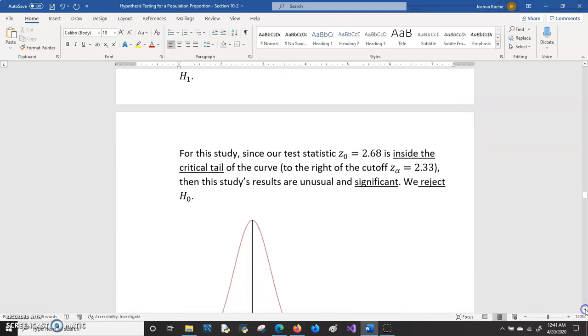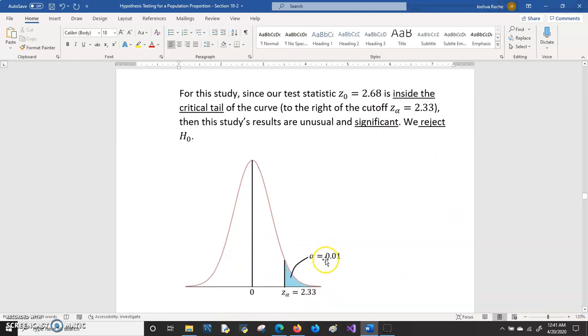So for this study, again, our test statistic was calculated to be 2.68. Here is 0 on the curve. The cutoff is 2.33. So 2.68 is inside that critical area. It is inside the tail, and that means that our study's results are significant, and we would reject the null hypothesis.